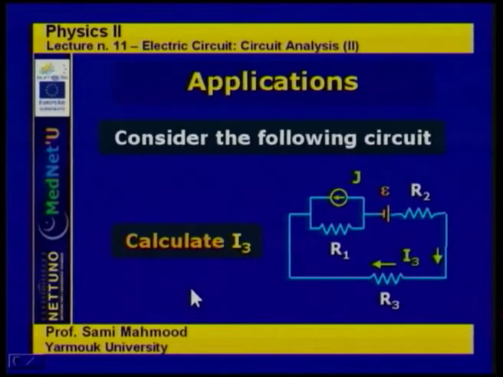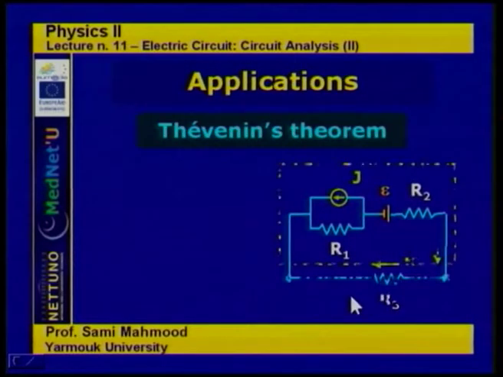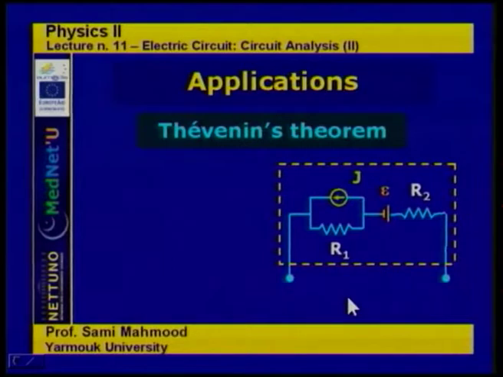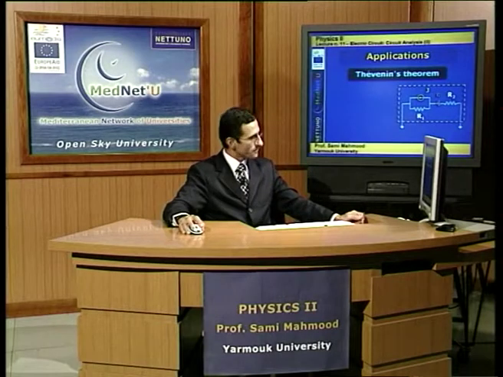And now, if we are interested in calculating the current across the resistor R3, in this case, what we do is we consider Thevenin's equivalent. In Thevenin's equivalent, we consider we have a black box that contains all the components, and we consider the terminals of R3 as being the open terminals to which we can hook the resistance R3.